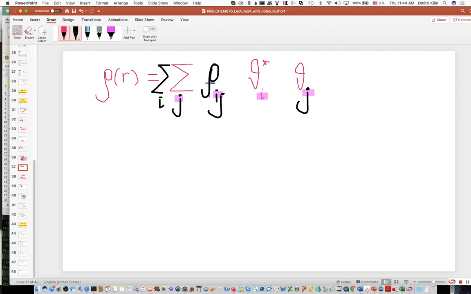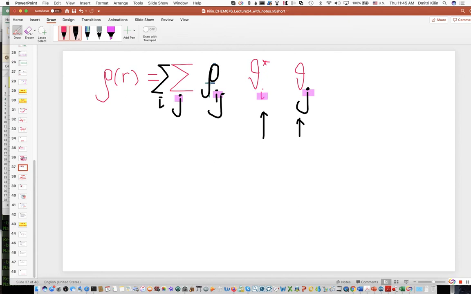Yes, orbitals must be the same. If we want to use it for regular ground state DFT, then these indices must be the same. Good. And if we want to stay within regular DFT, we still can do it.